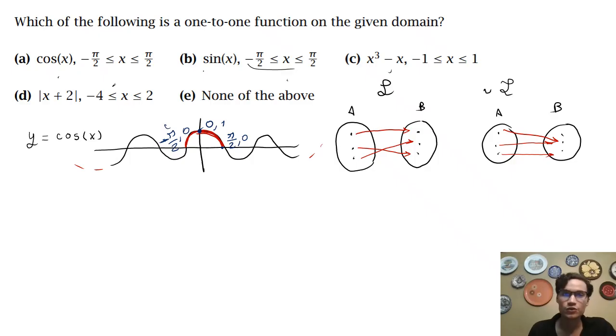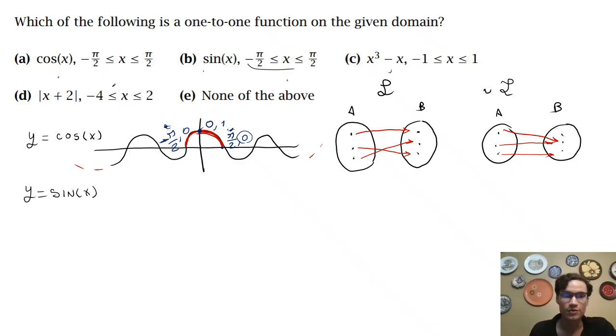So there are 2 items on the first set that produce the same item from the second set. So this is not a one-to-one function. It's not injective. It's a many-to-one function in this given domain.